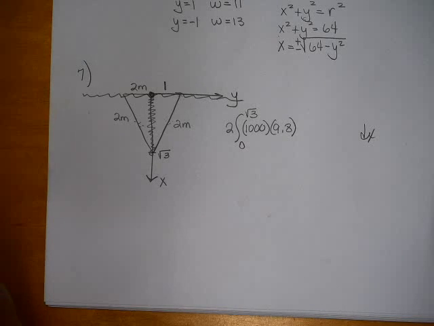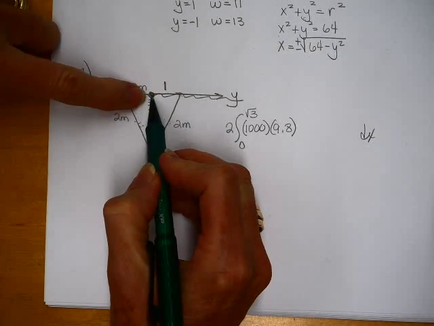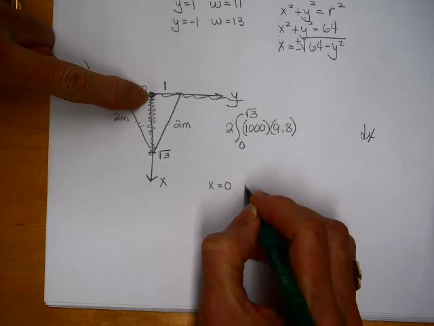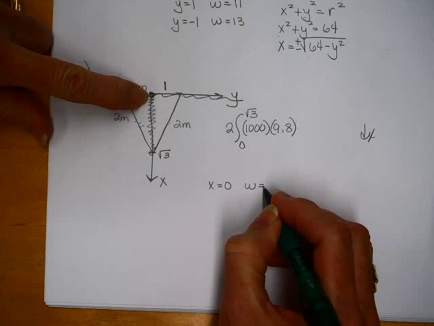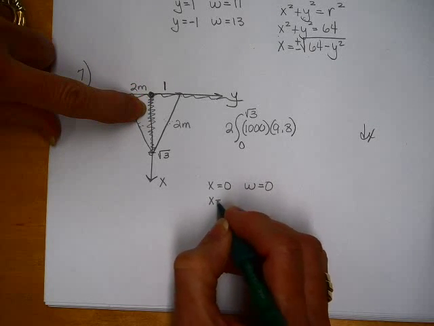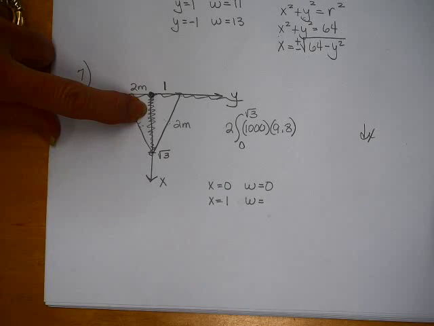Now I need the depth of the water above where I am. All right, here is when x is 0. When x is 0, I have no water above me. When x is 1, how much water do I have above me?